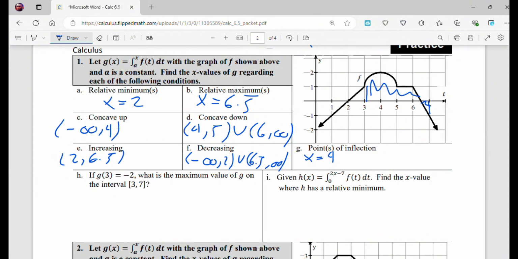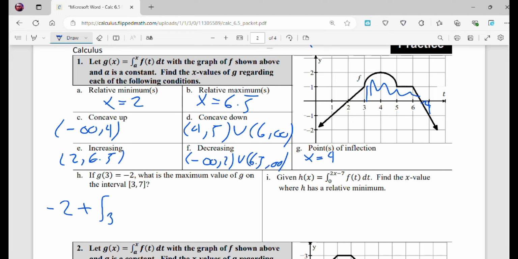So we know that at 3 our value is negative 2. So negative 2 plus the integral from, and we always have to start at 3 because that is where we know what our value is, right? Since it tells us that g of 3 is negative 2, then we have to start at 3.